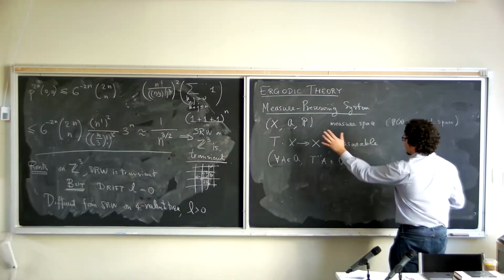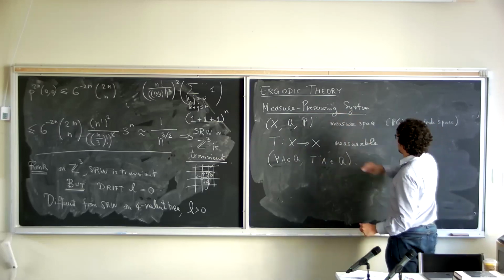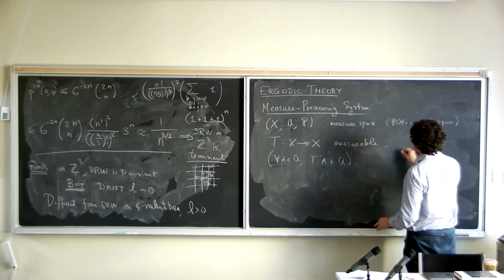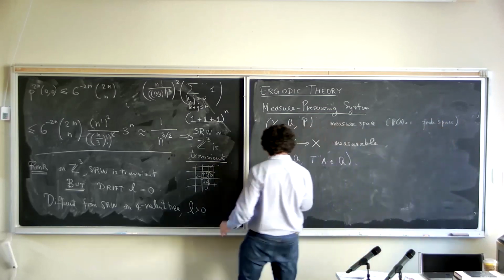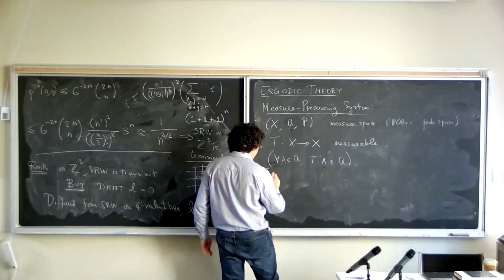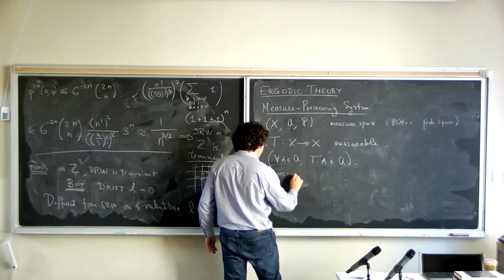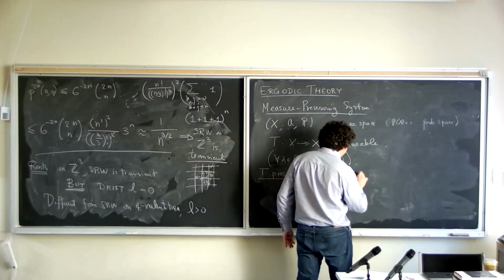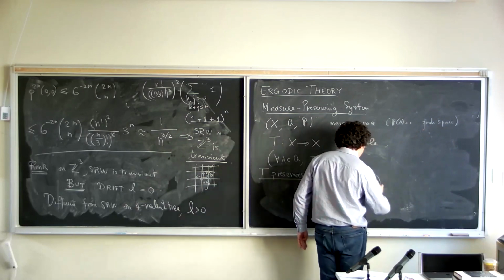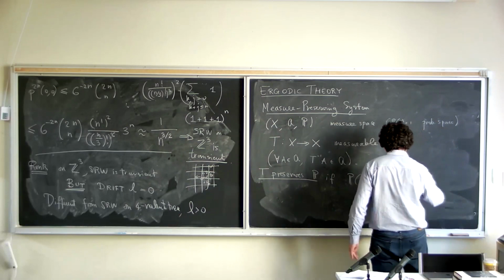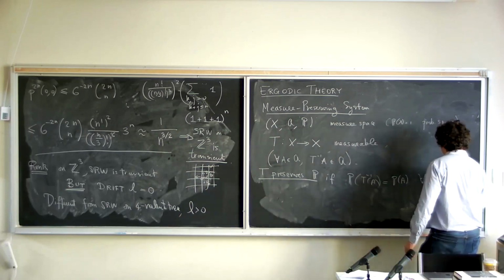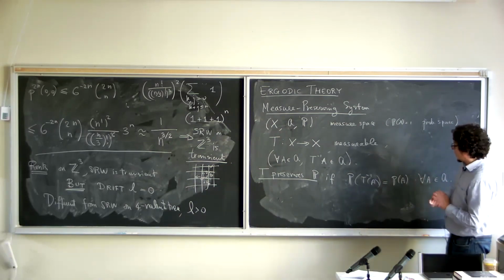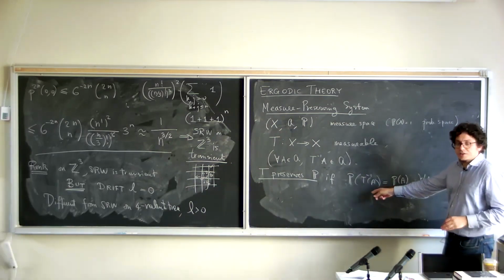And so it has to be measure preserving. What does measure preserving mean? It means that we say that T preserves probability P if the probability of the inverse of A equals the probability of A for every A. And of course, there's also another way to denote this.